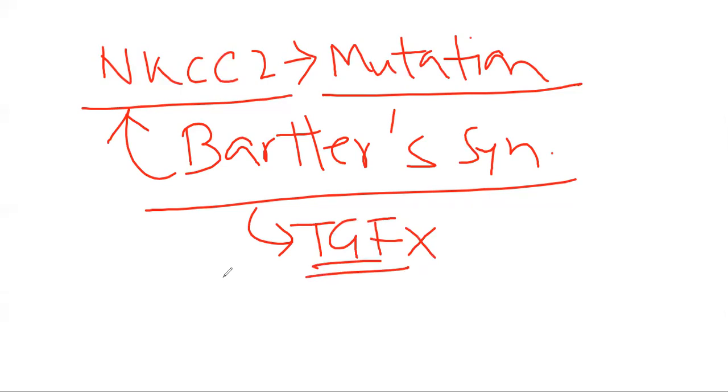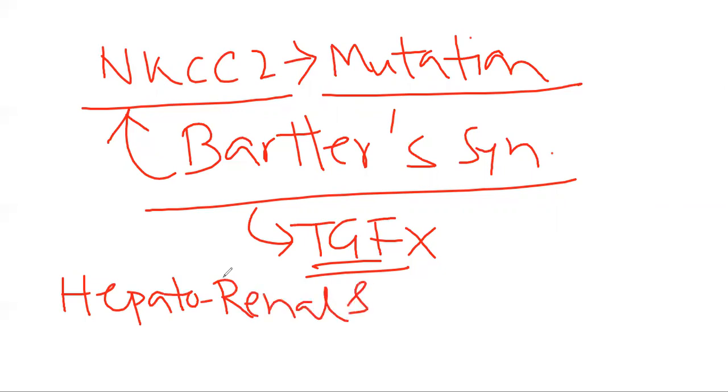Second clinical entity is the hepatorenal syndrome. In case of hepatorenal syndrome, also there will be failure of the tubuloglomerular feedback mechanism.